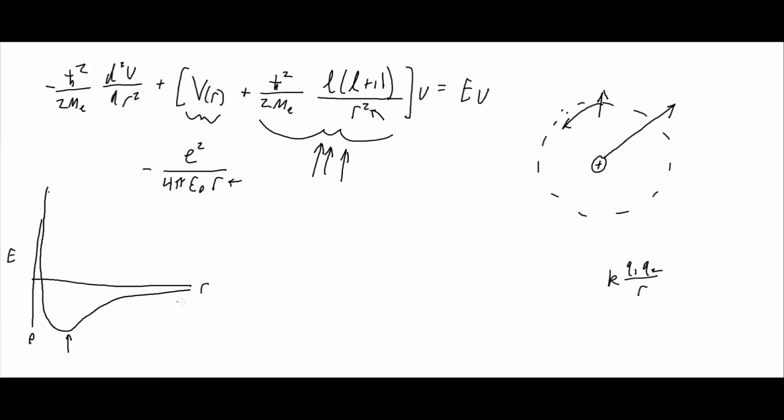We're going to tend towards zero as R becomes large, because this R in the denominator is going to become larger and larger, making this potential go towards zero from the negative. When we're down right here, that's when our negative potential is beating out the R squared term, and so we end up with this negative potential.